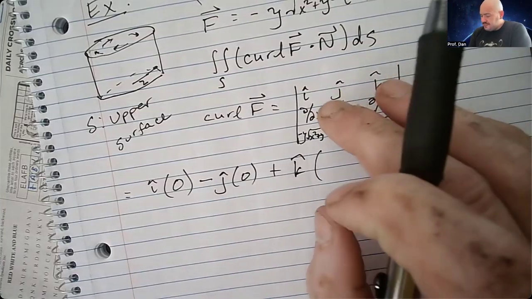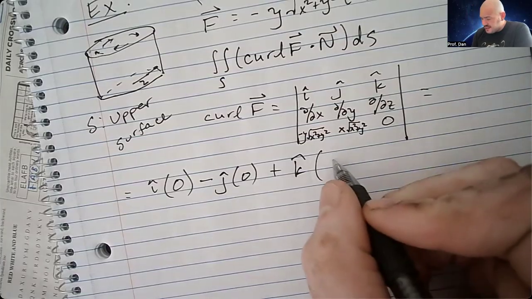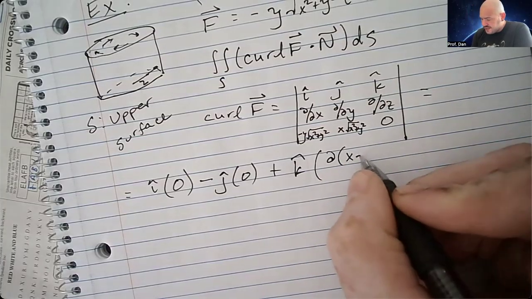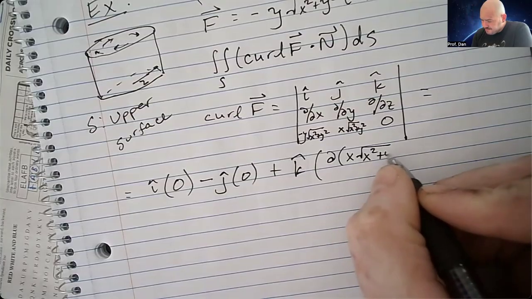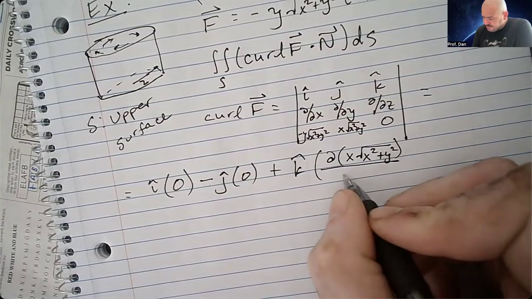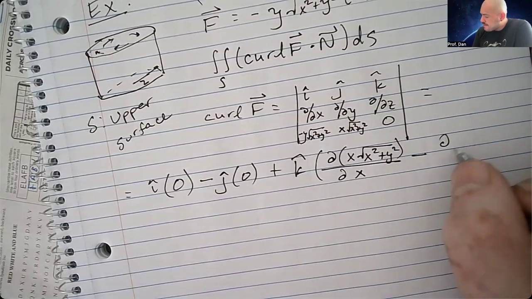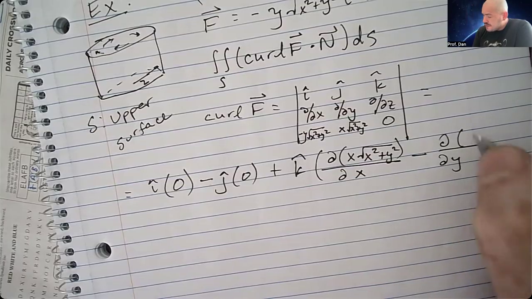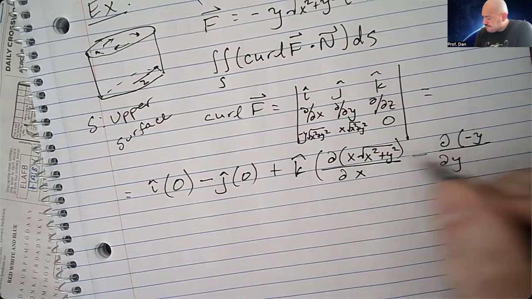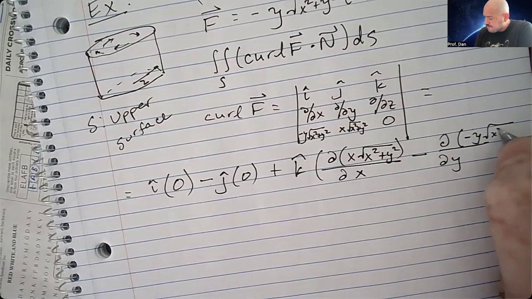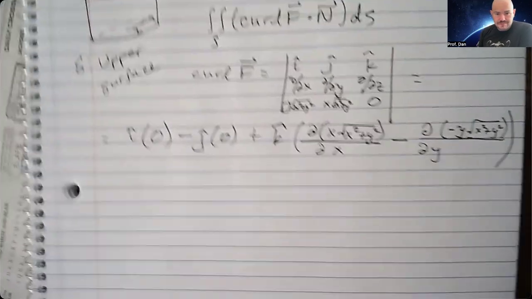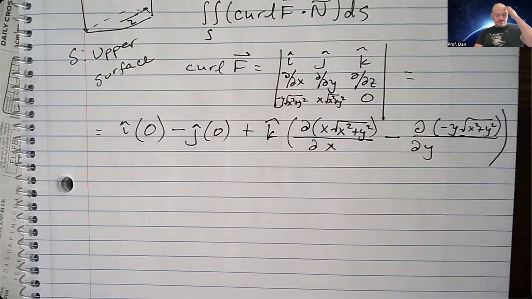we're going to get the partial with respect to x of this one minus the partial with respect to y of the other one.